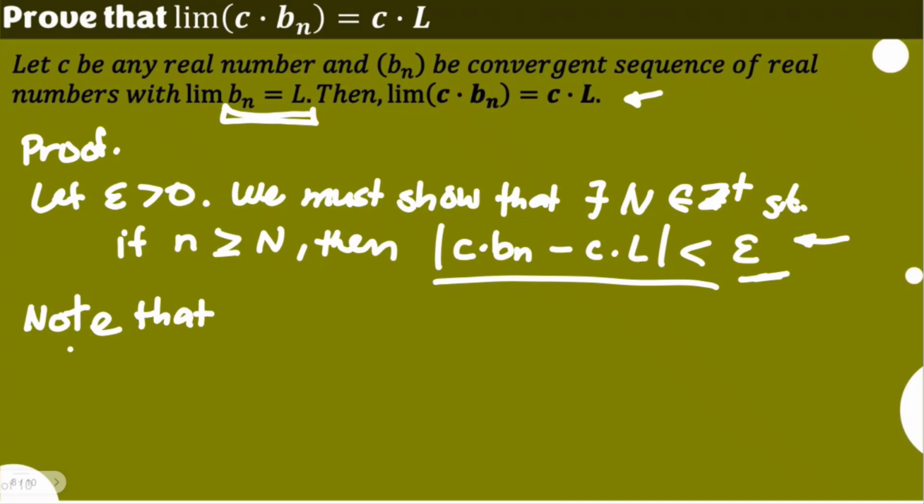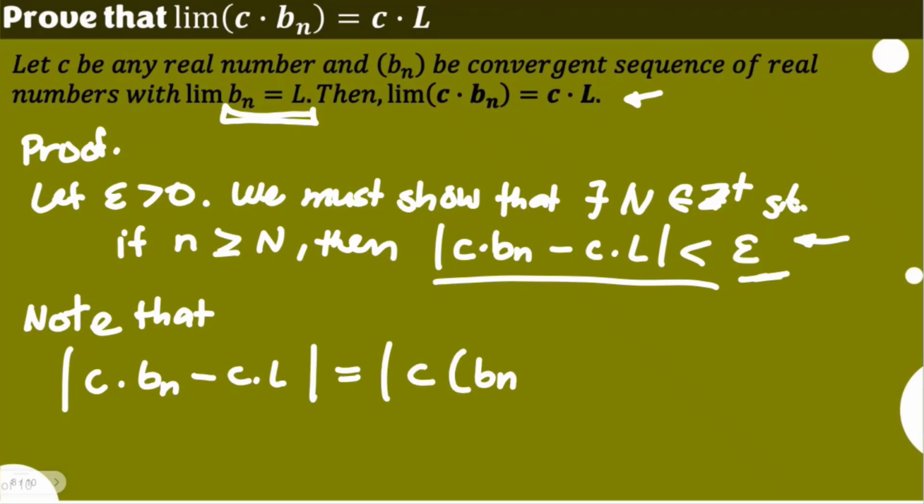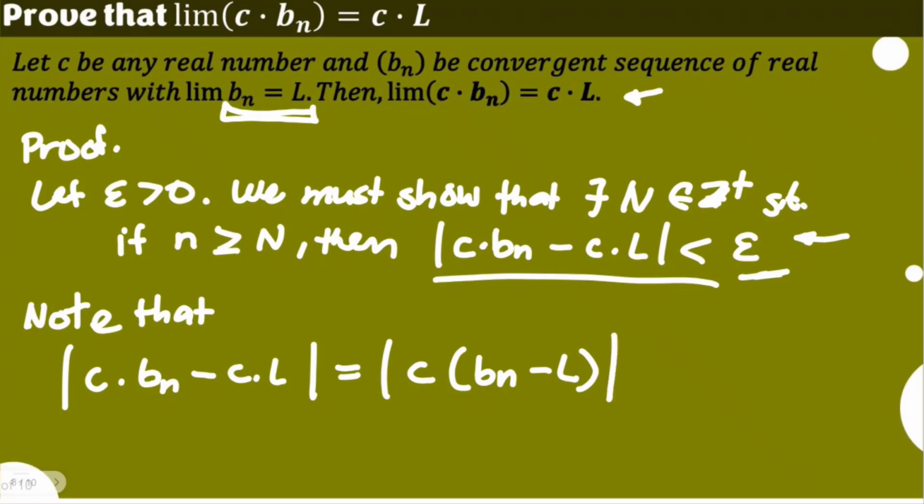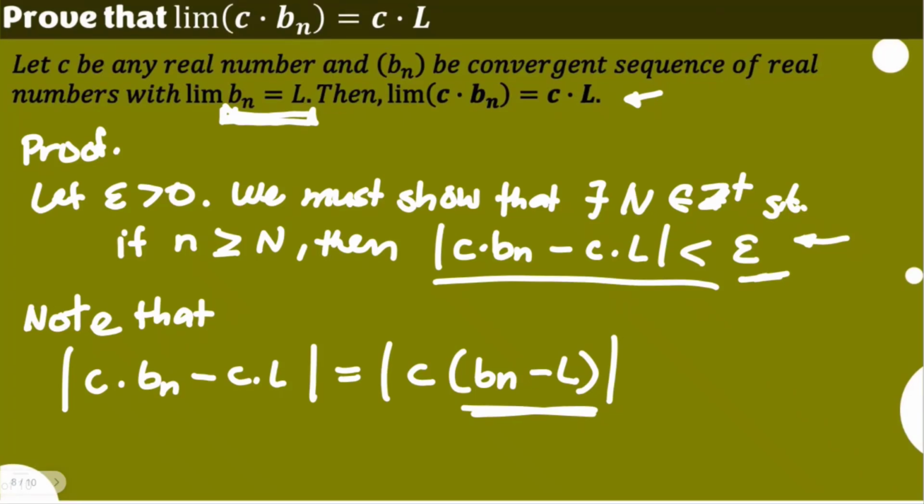Note that if we have the absolute value of c times b sub n minus c times L, we can factor c, making sure that we have b sub n minus L. We can see that this is already an indication of this form here, for the limit of b sub n, which is equal to L. We can still further break this according to one of the theorems on absolute value.